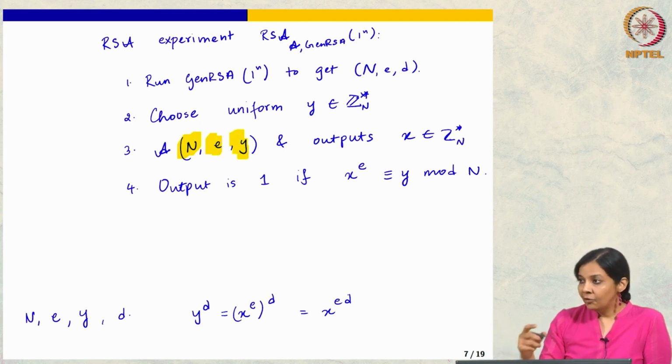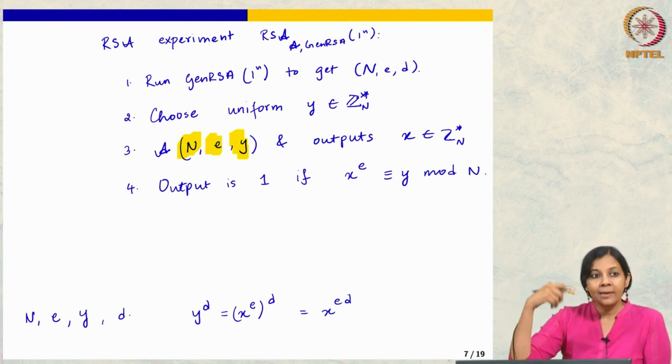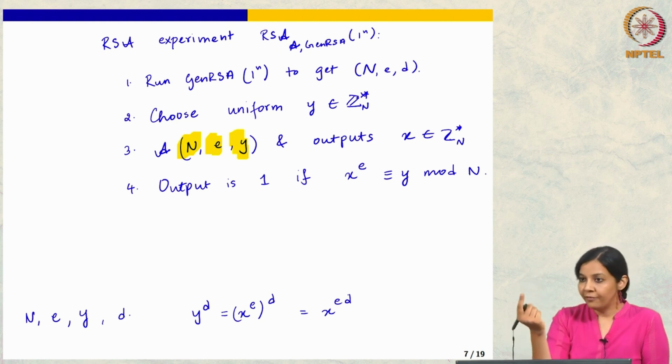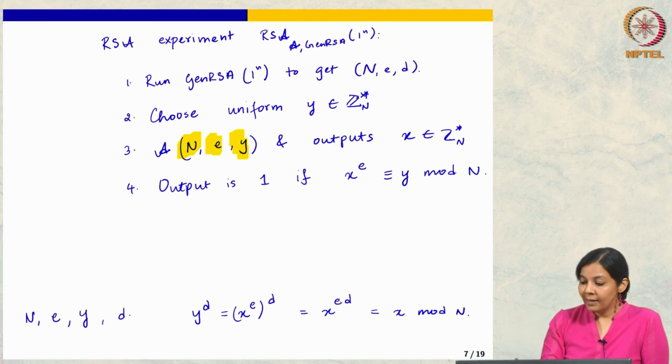So that means you will get one mod phi n in the exponent. So this is going to be X mod n, because the order of the group is phi n and E times D is 1 mod phi n. Therefore I will recover X. So this will be my trapdoor.